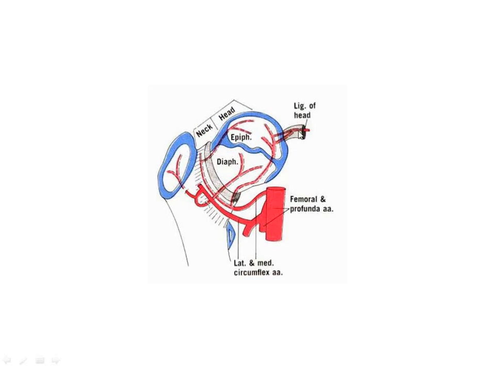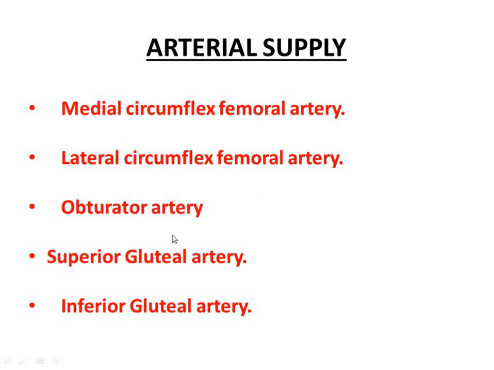Then a branch traversing through the ligament of head of femur, a small branch of obturator artery. So, the hip joint receives a very rich arterial supply from all these arteries, namely medial and lateral circumflex femoral artery, obturator artery, superior gluteal artery, and inferior gluteal artery.